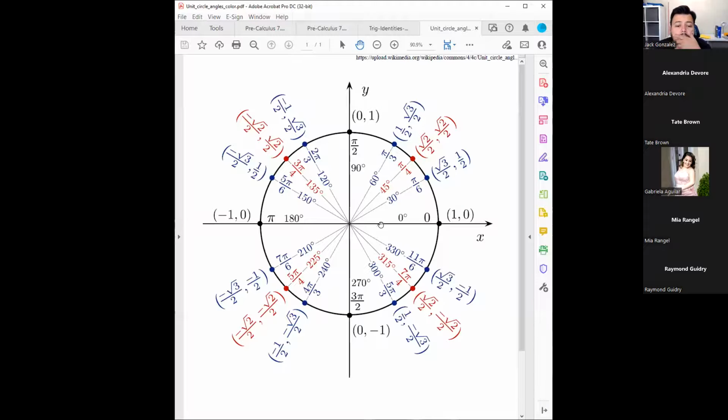Okay, so there's only one x value that is 1 there. There is not 1 anywhere else. Over here is -1. So we're only going to have one answer for cosine equal to 1, which is right here. And cosine equal to -1 would be right there.